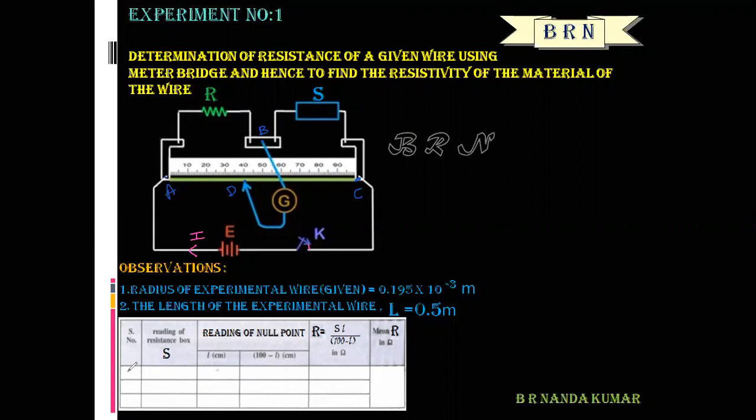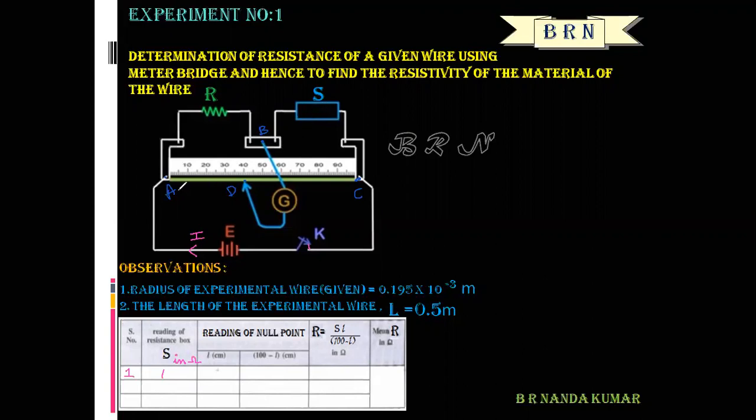This is trial number one. In the first trial, for example, 1 ohm is introduced in the standard resistance box.